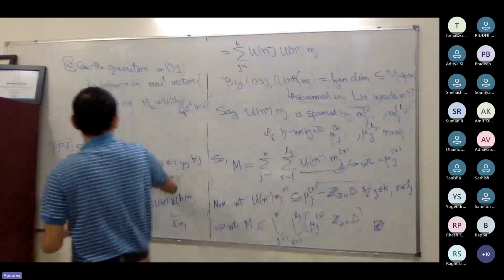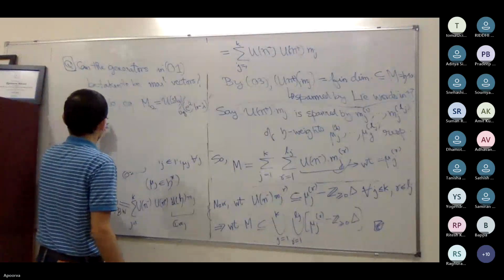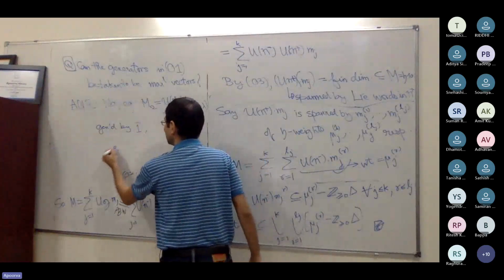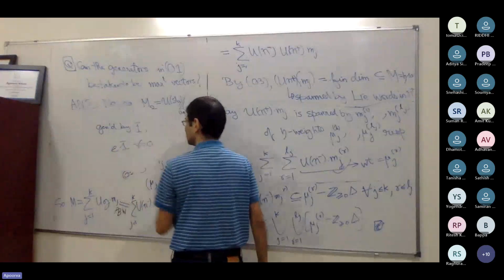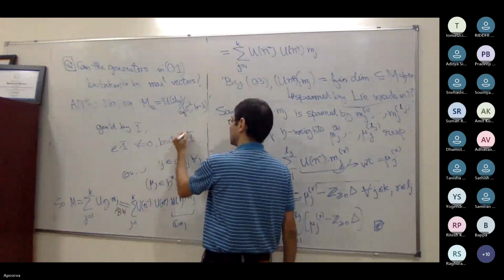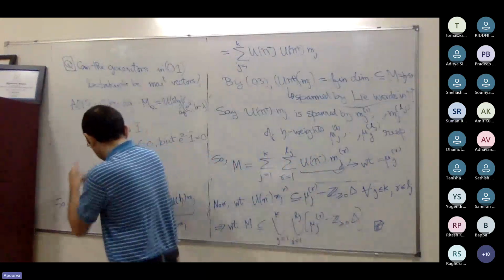Here, the point is it is generated by one vector. But what do you know about this one vector? E times the one vector is not 0, but E square times the one vector is. And so actually, let me write this down.